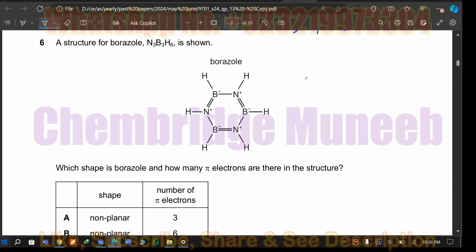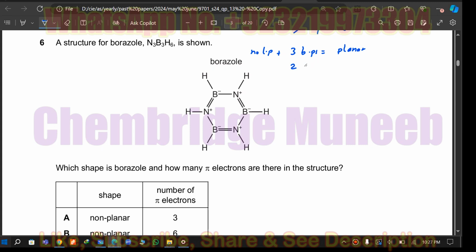We studied that when there are 3 bond pairs and no lone pair, the structure is planar.